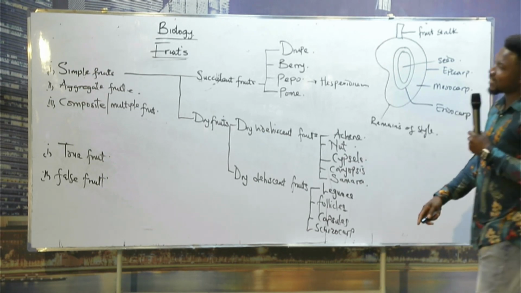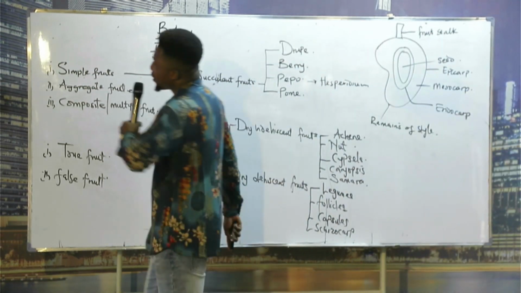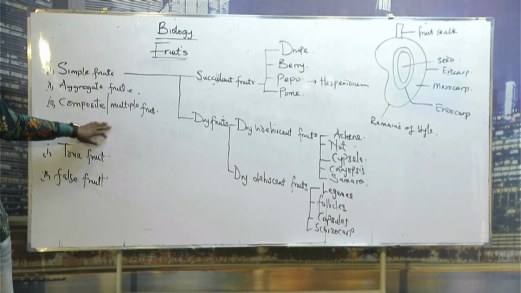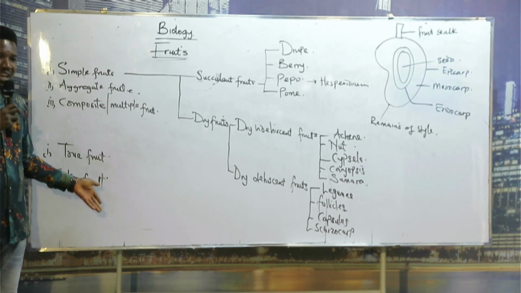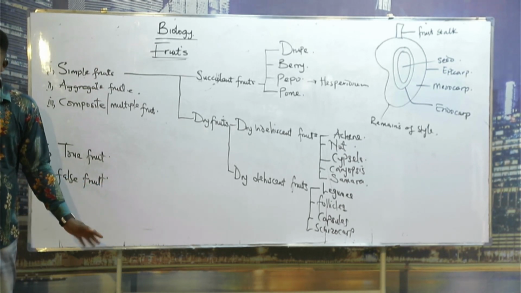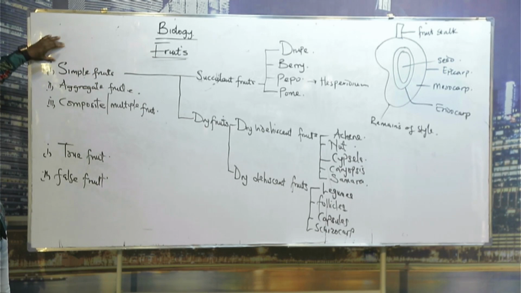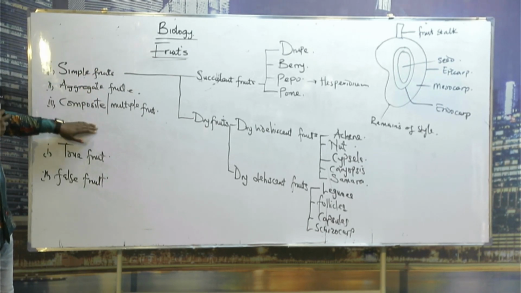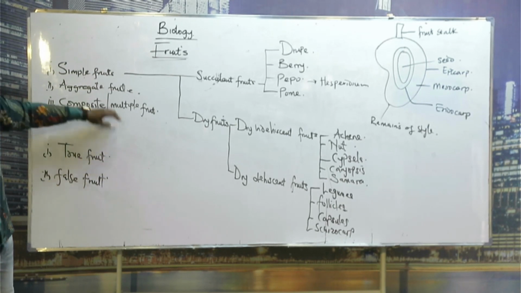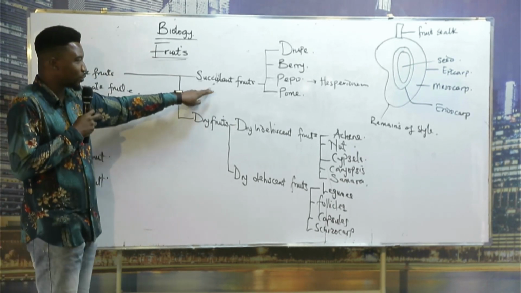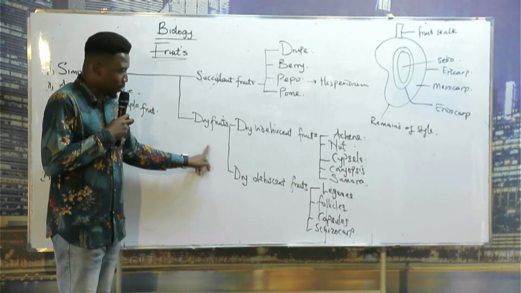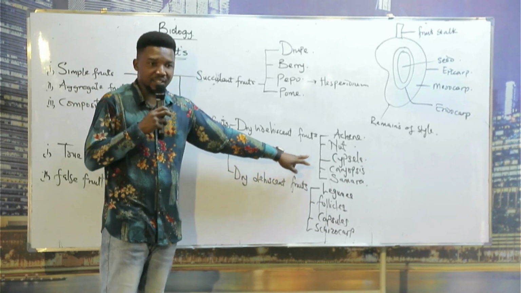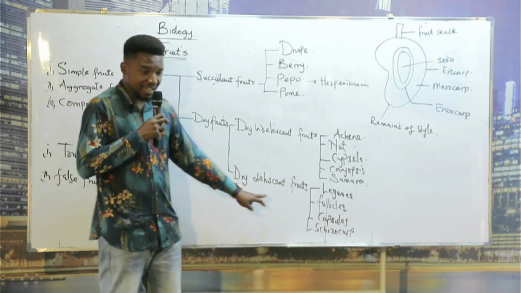So remember that the fruits according to the type of flower, this is according to type of what? Flower. And this is according to whether they are formed out of ovary or what? Not. So type of flower: simple fruit, aggregate fruit, composite or what? Multiple. But under simple fruit, we have succulent fruit and dry what? Fruit. But dry fruit is further divided into two: the dry indehiscent fruit and dry dehiscent what?